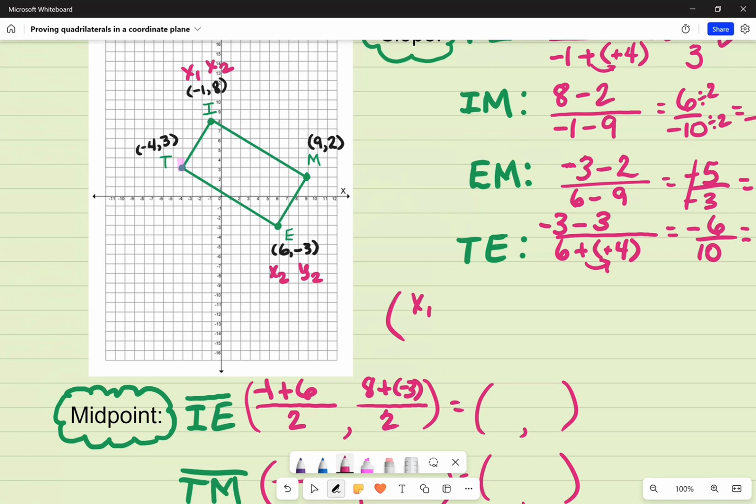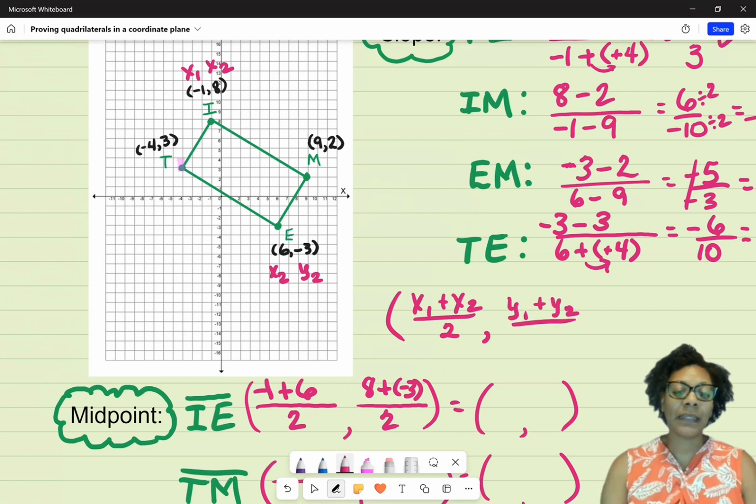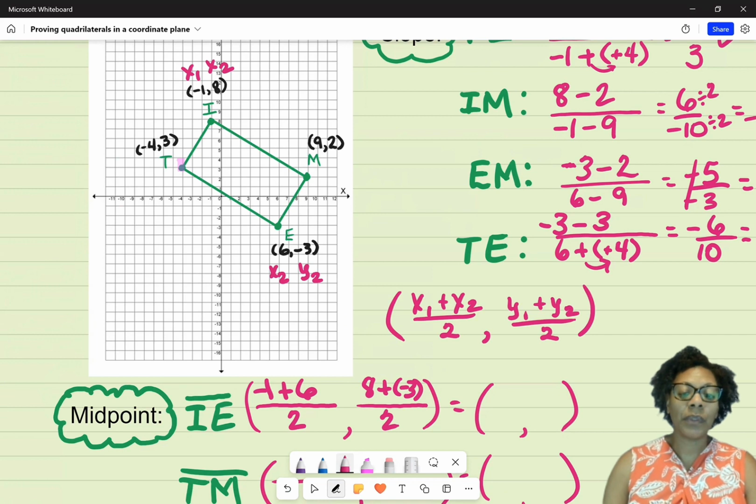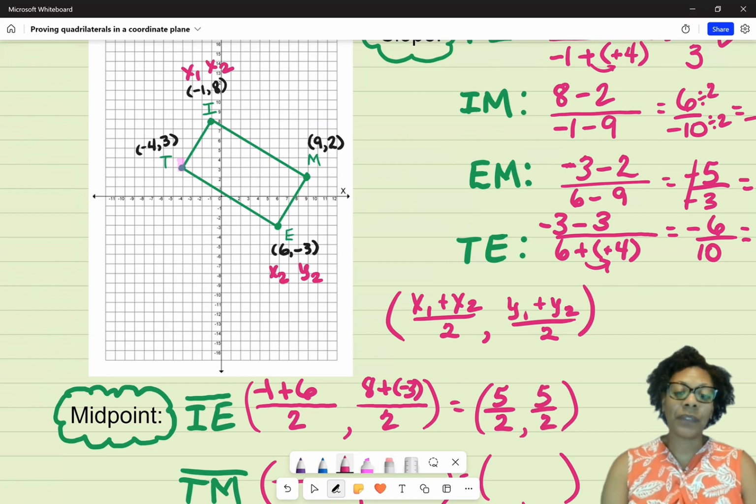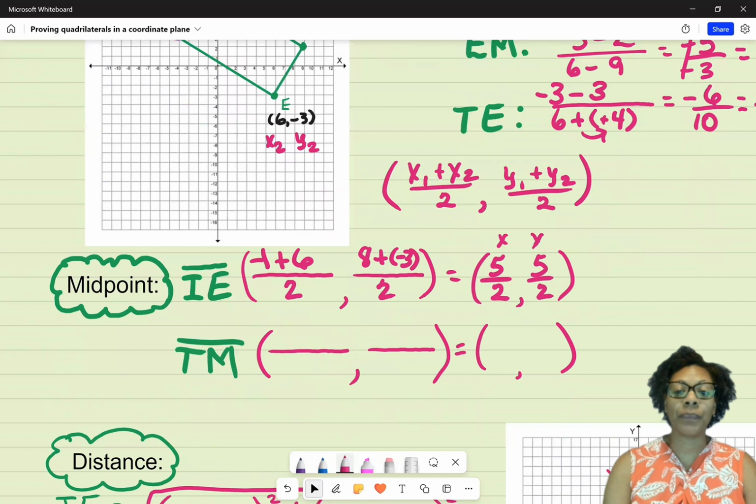Negative 1 plus 6 divided by 2 is going to result in 5 over 2. And then 8 plus negative 3 over 2 results in that same 5 over 2.